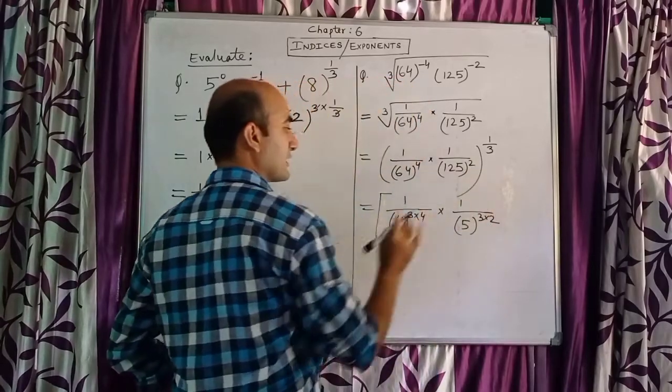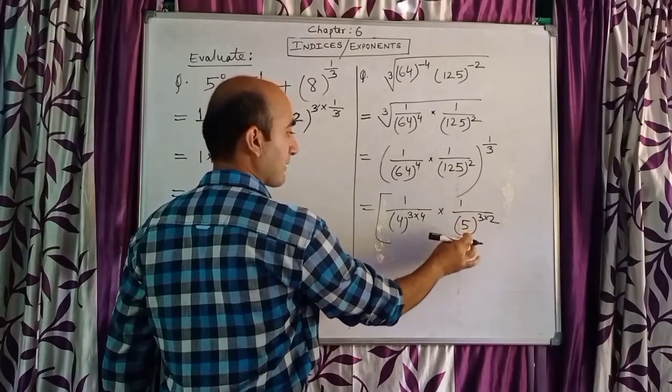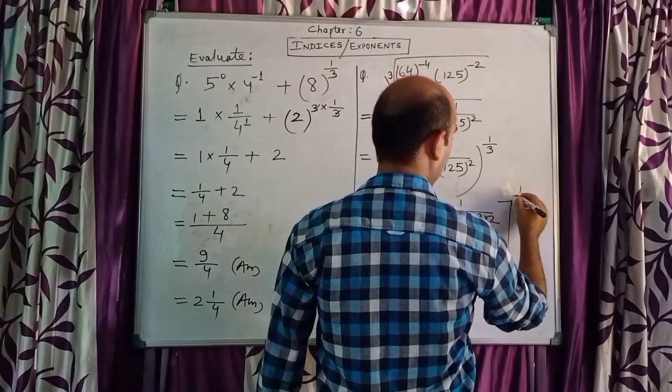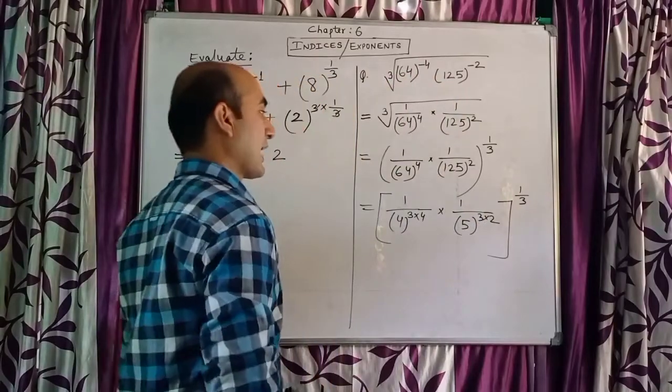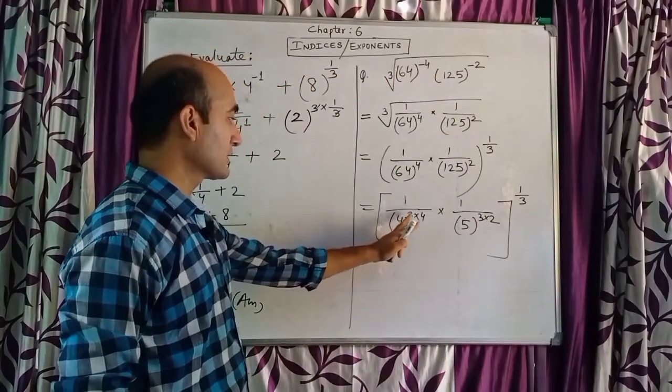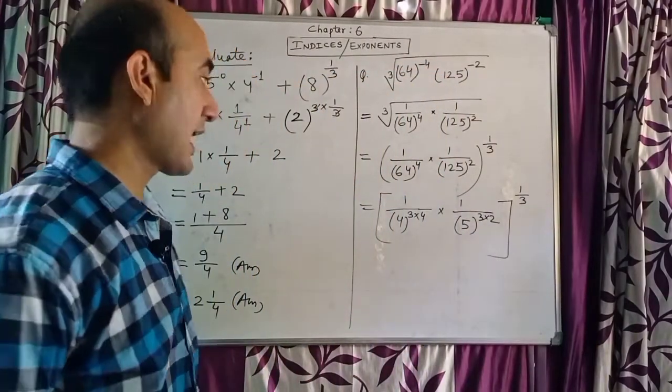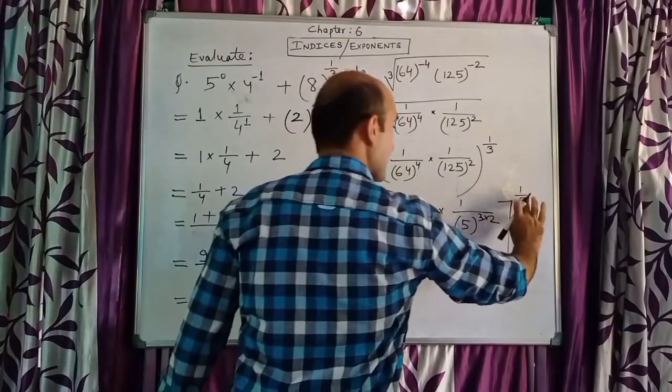The exterior power is already 2 and 125 became 5 cube. And here I have 1 by 3. Now both the 3 powers I will take outside and finish this 3.